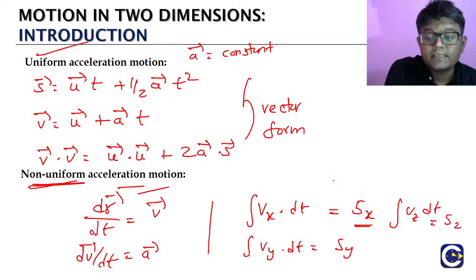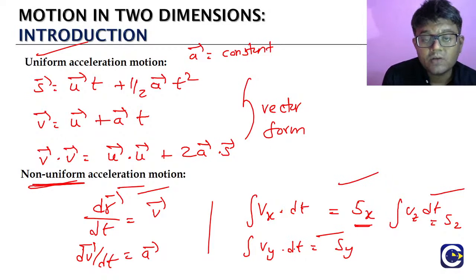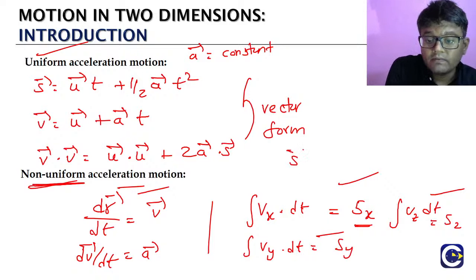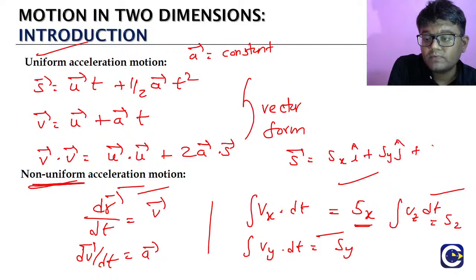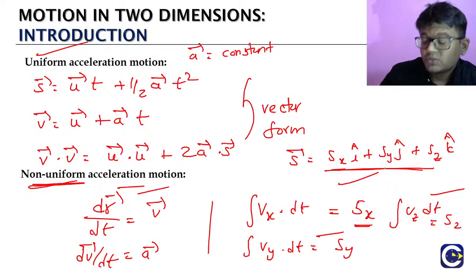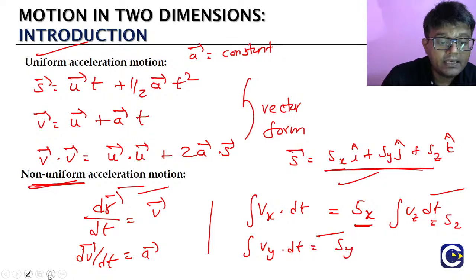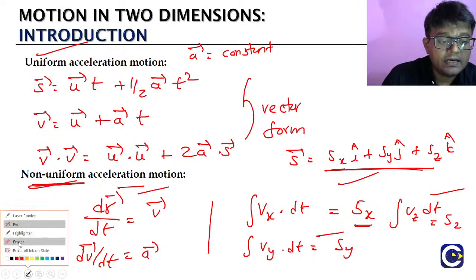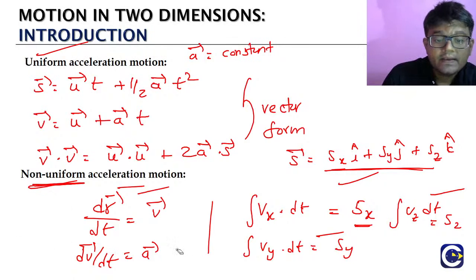So we will get the separate displacement x component, displacement y component, displacement z component. From that we will be able to tell what is the overall displacement. What will be the overall displacement? Sx i cap plus Sy j cap plus Sz k cap. So this is how we are going to get the integration and differentiation relations in the vector form.